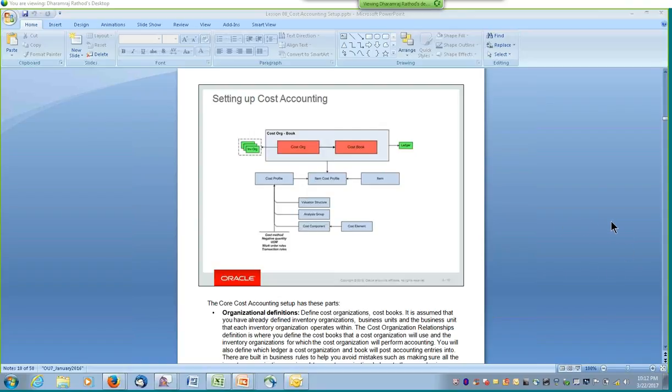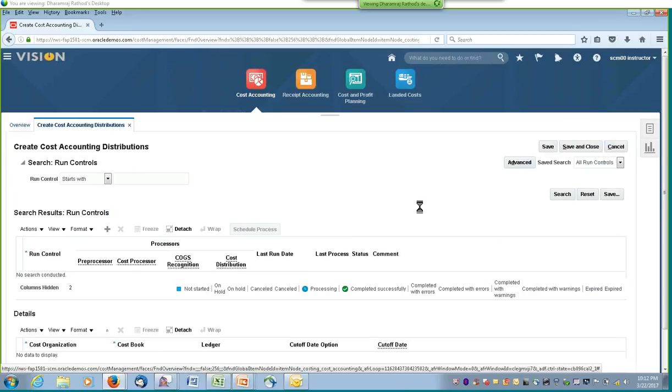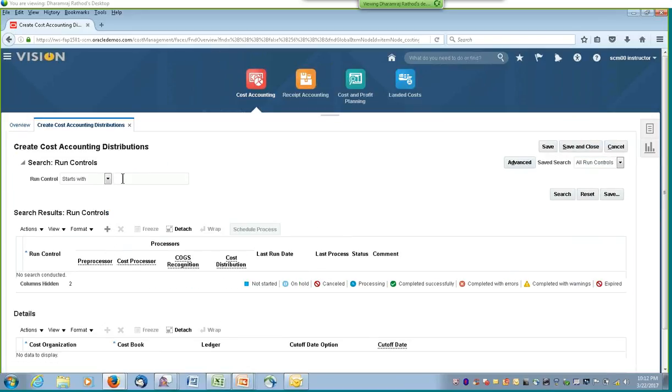Should we define one cost org per inventory org? I don't recommend that, Ashish. The reason is, let me go over that really quick and show you. When you run the cost processor, it says create cost accounting distribution. Basically, it picks all your transactions and does a distribution of them, and we'll have run control.